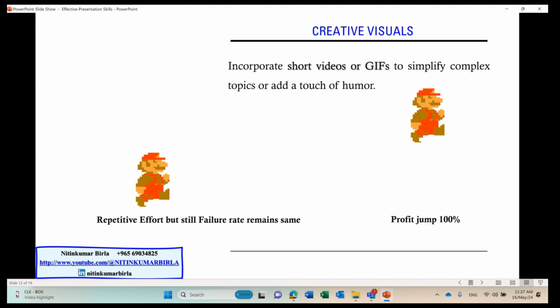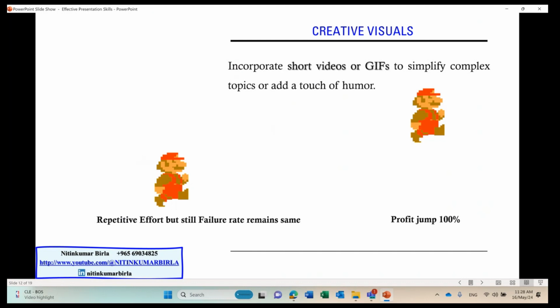Second point is repetitive efforts, but still the failure rate remains the same. It means you are putting in a lot of efforts, but the failure rate is the same. There's no change happening. I'm putting in a lot of efforts, but improvement is not happening, correct? So for this, if I say, I'm putting in a lot of efforts, and I'm where I am.